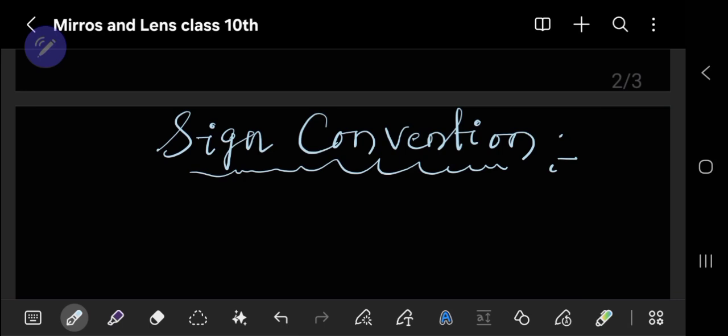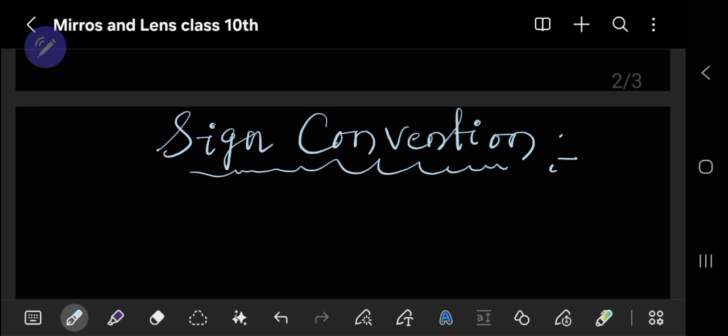Mostly the students are getting confused about how to know what should be the sign of the object distance, the image distance, the focal length, the height of object, the height of image, and so on. So in this video we are going to discuss in detail this sign convention. Hope you are going to understand the concept and the actual reason behind it.